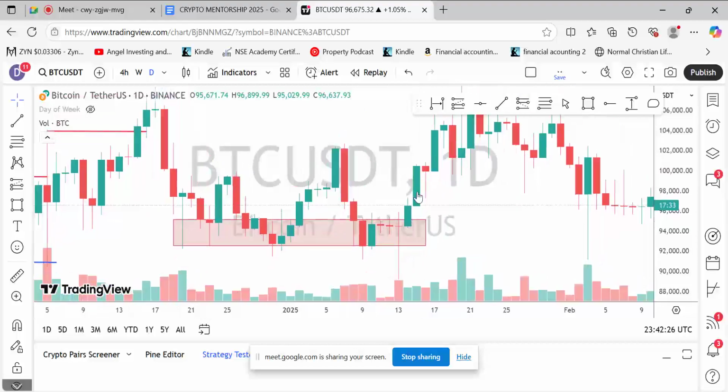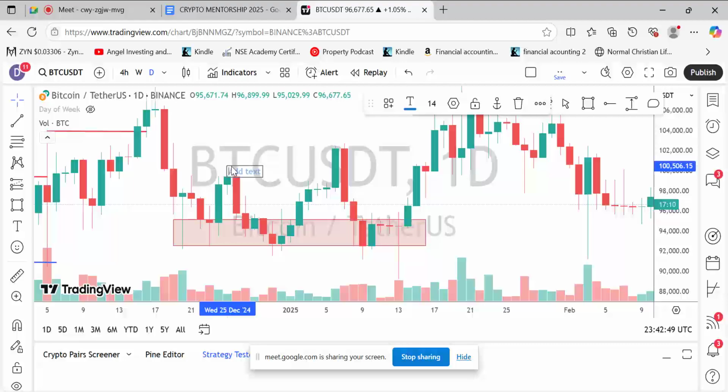Then, number 2, another thing that you need to look out for is what we call the sign of strength. What's the meaning of sign of strength? It means a break of market structure. If I analyze only here, look at this.